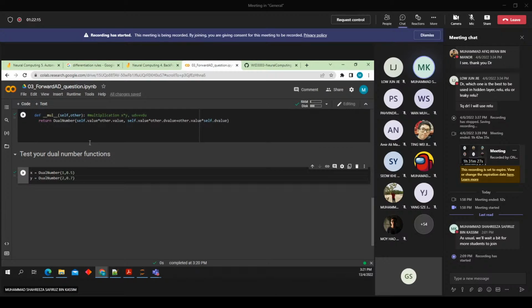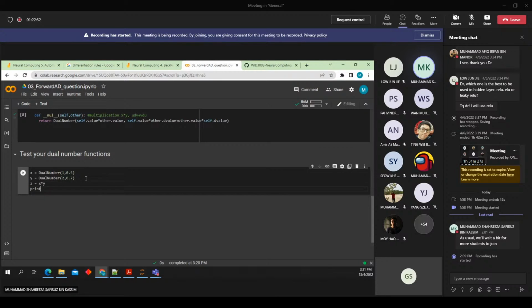Okay. And then you have z equals x multiplied by y. So z is automatically a dual number itself.